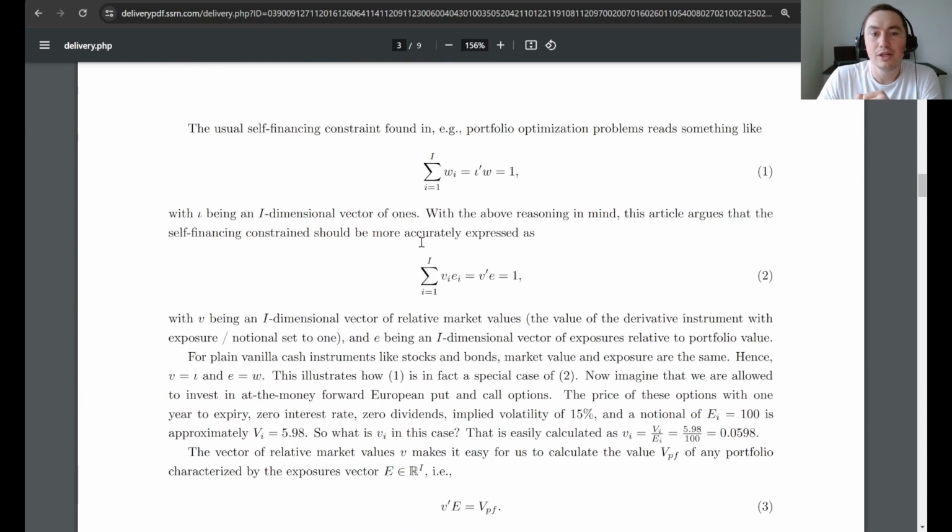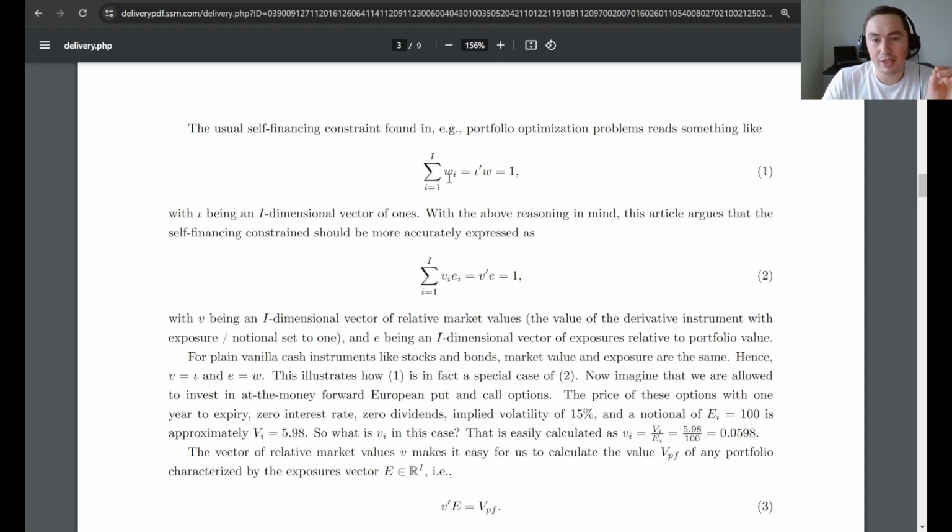So here you can see that usually when you see something with portfolio management or portfolio optimization, the self-financing constraint is expressed as portfolio weights needing to sum to 1. But in this article we argue that instead of focusing so much on portfolio weights, we should use something that we call relative market values and exposures relative to portfolio value, and that this should be the self-financing constraint.